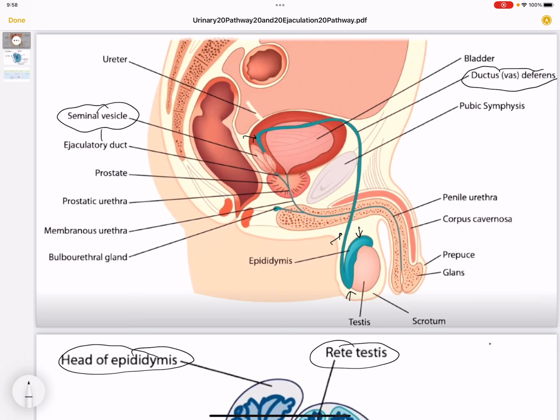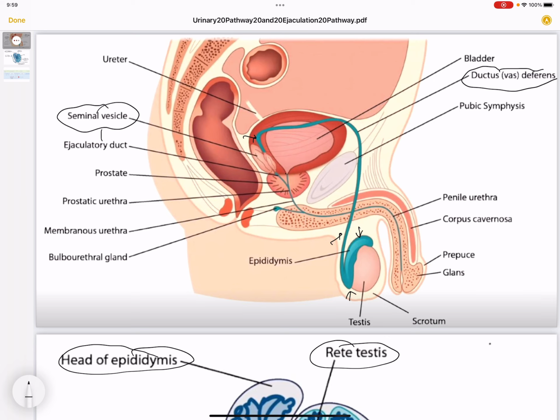The second thing we need to know is that the seminal vesicle is going to secrete alkaline solutions to the sperm, alright? And the reason for this is to neutralize the acidic environment that is found in the vagina, so that the sperm can live there and survive.